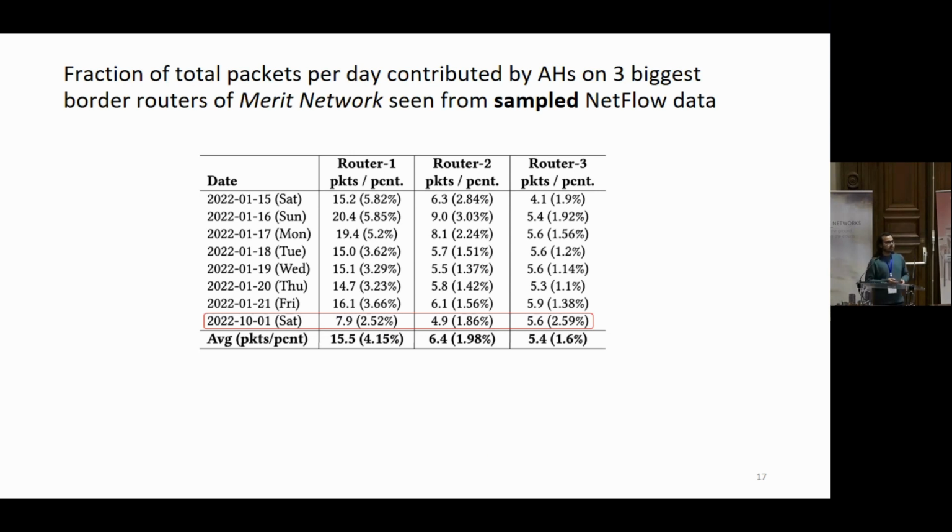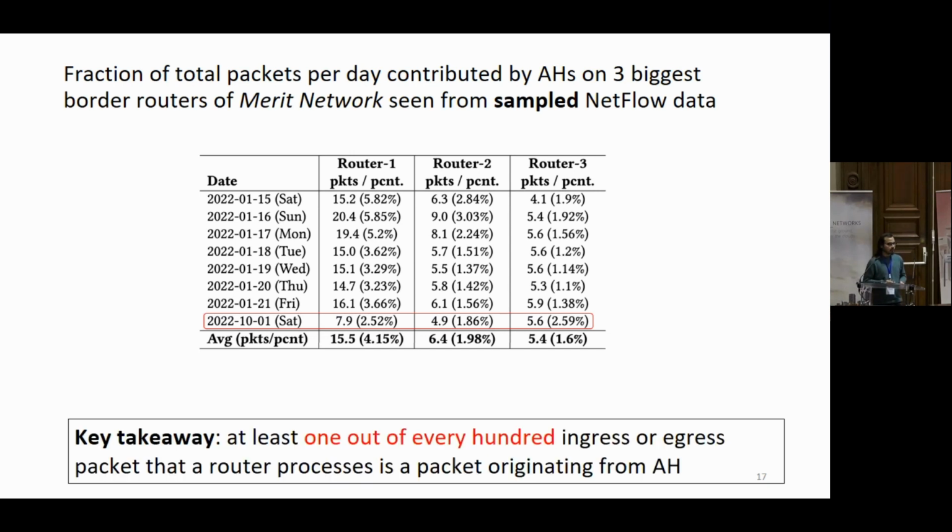So in this table, each row represents different days of the week, and the values represent the fraction of aggressive hitter packets seen on the three biggest border routers of Merit Network. The key takeaway from this table is that at least 1 out of every 100 egress or ingress packets that a router processes is a packet originating from an aggressive hitter.